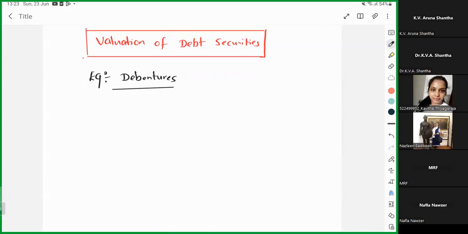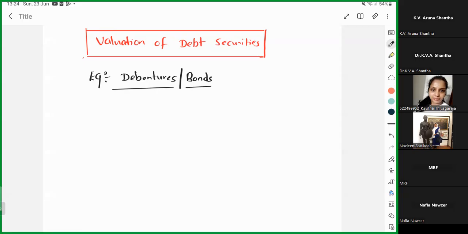When you go through the financial statements, you may have seen debentures under non-current liabilities. In some countries, this is called bonds. But in our country, bonds are used for government debt securities, like treasury bonds or sovereign bonds. For private companies, we call debt securities debentures.